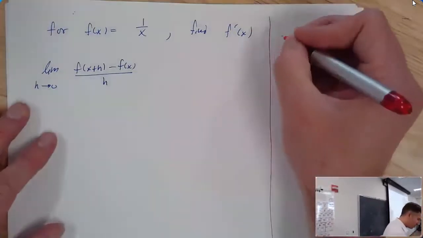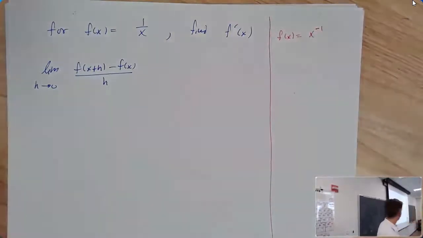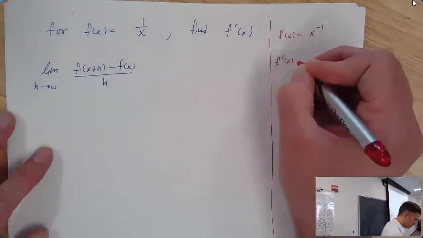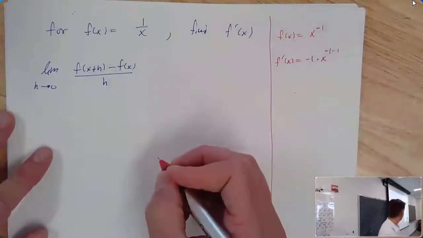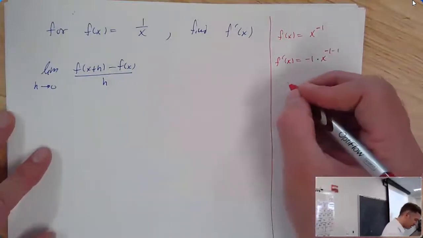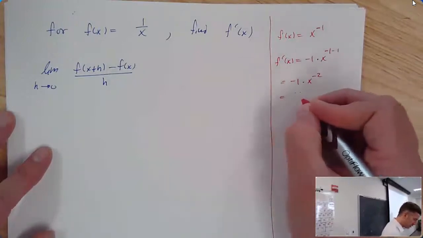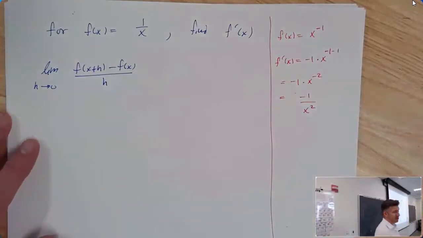If I write my function as x to the -1 power, I can find the derivative using the power rule: that's -1 times x to the -1 minus 1, which simplifies to -1 times x to the -2, or if you prefer, -1 over x squared. Not that that gets me any credit really, but it lets me know what the answer should look like.